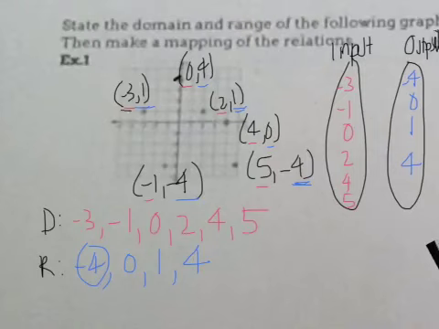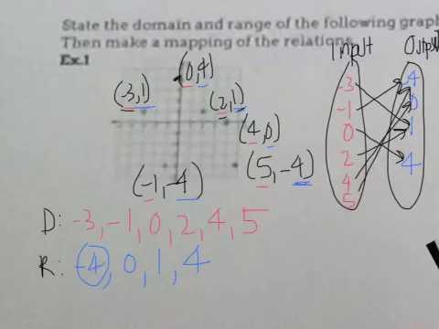So -3 changes into 1, so I'm going to draw an arrow between -3 and 1. -1 changes into -4. 0 changes into 4. 2 changes into 1. 4 changes into 0. And 5 changes into -4. So this mapping right here would represent this situation.